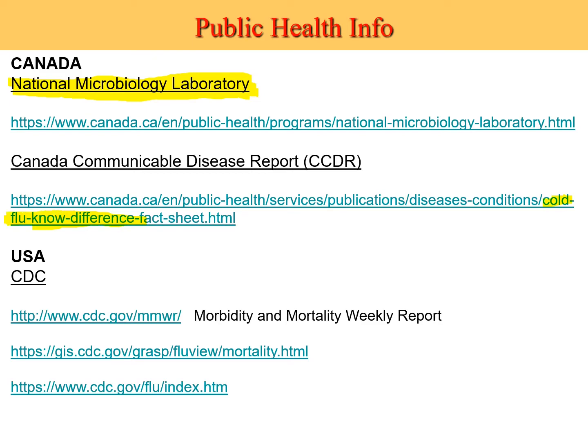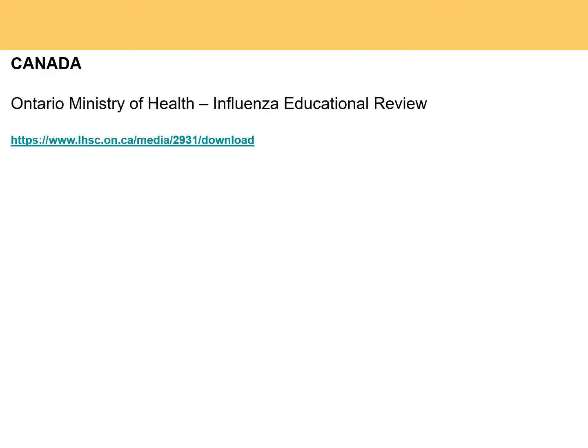Here, this is coming from the United States. This is the Center for Disease Control and Morbidity and Mortality Weekly Report, where you can look up the number of cases in the past week that had different reportable diseases and the numbers of death in that week. Here's the mortality associated with flu, and again, more information about the flu, all from the CDC.